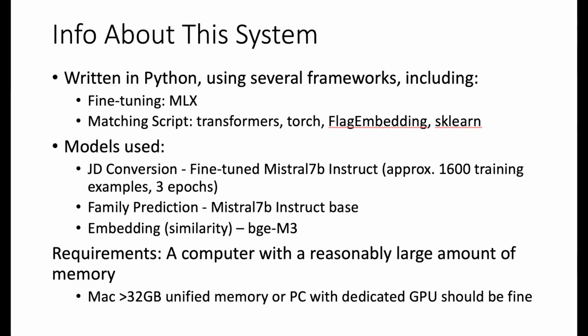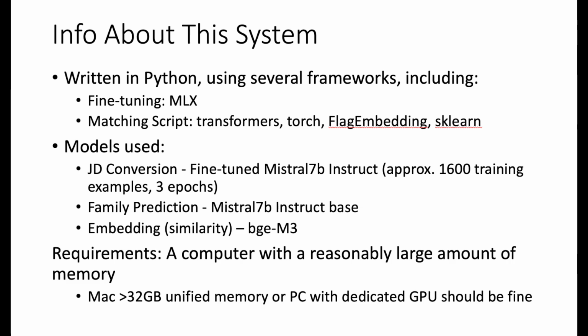As far as the models we use, again, a big thanks to the open source community for publishing and allowing large models to be used. So we built a lot on top of Mistral. For our JD conversion, we fine-tuned Mistral 7B Instruct. We had about 1,600 training examples that we created and trained for about 3 epochs.